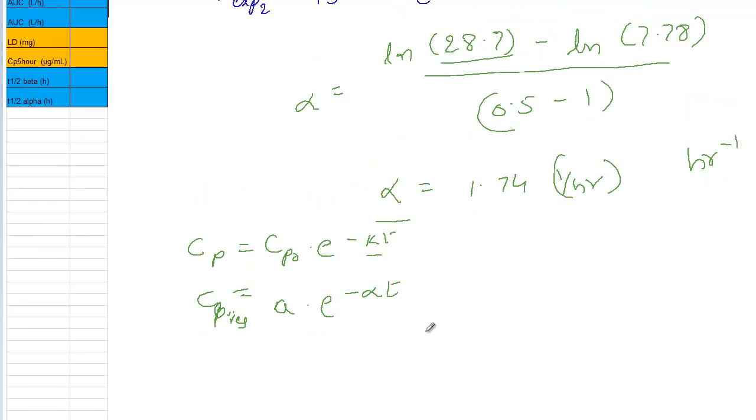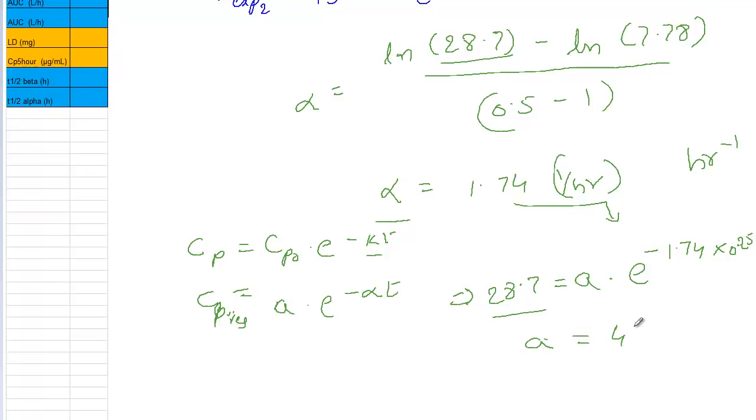Cp residual 28.7 is equal to A, that's what we are trying to figure out, A times e to the power of minus alpha, which is 1.74, just now we calculated, right? 1.74 times the corresponding time point for the Cp residual of 28.7, which is 0.25. If you solve for this one, you'll get a value for A.